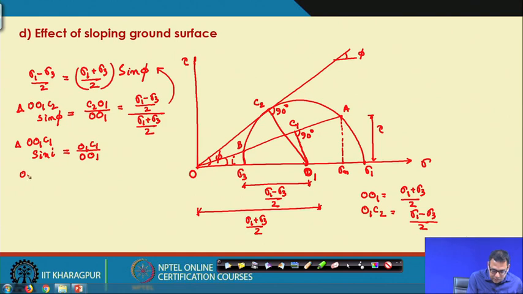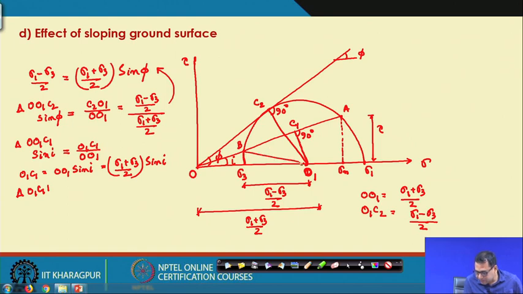So, I can write O1 C1 is equal to O1 sin I, and O1 is equal to sigma 1 plus sigma 3 divided by 2, so O1 C1 is sigma 1 plus sigma 3 divided by 2 into sin I. Okay. So, now from this triangle O1 C1 B.